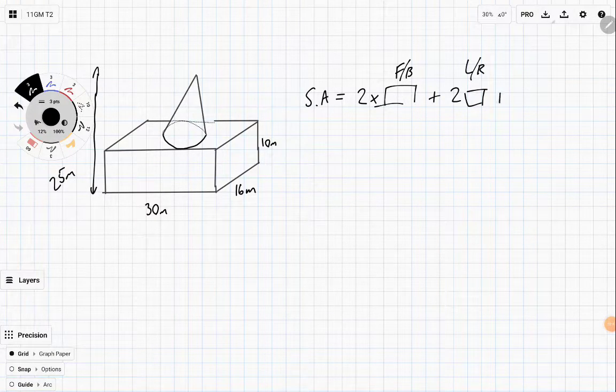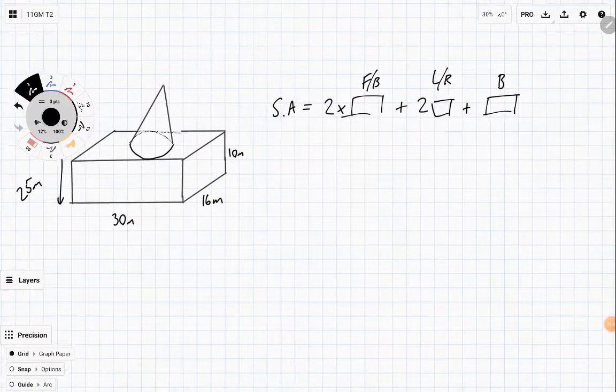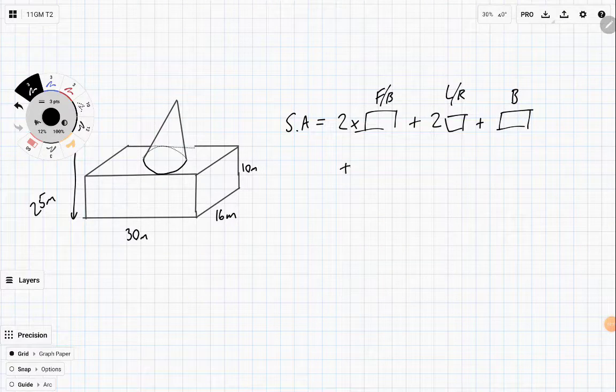Then you're going to have 1 rectangle, which is going to be the bottom. But then you're going to get the weird bits. You're going to get 1 rectangle with a hole cut out of it, which is going to be the top. And then you're also going to get the cone bit.